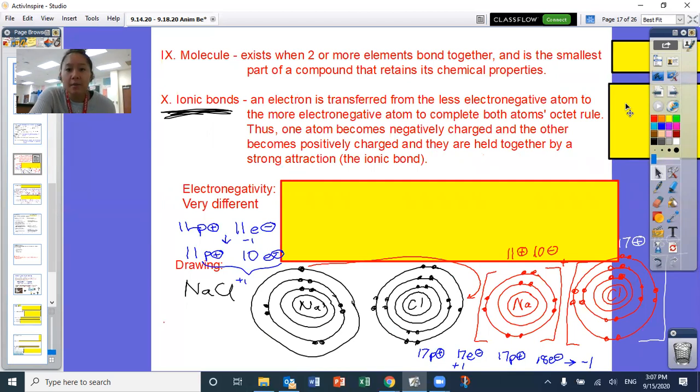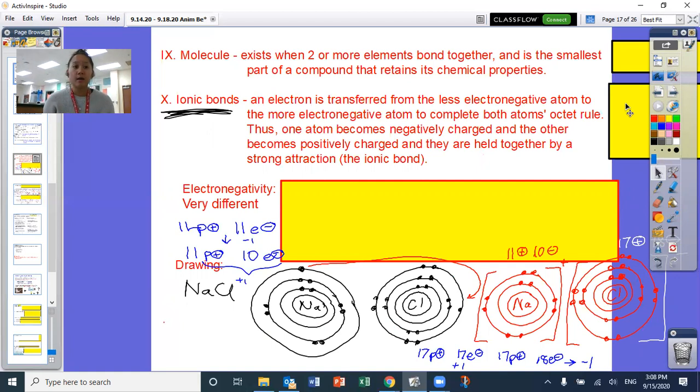Thus, one atom becomes negatively charged, right? If you originally are balanced with 3 positives in your nucleus and 3 electrons on the outside, and you give 1 away, you're going to have 3 positives and 2 negatives. Therefore, you're going to have a positive charge overall, right?